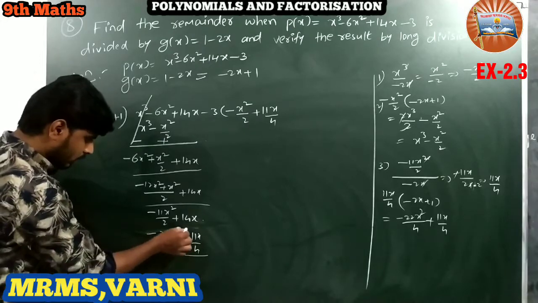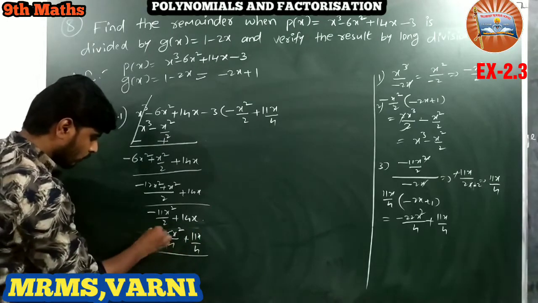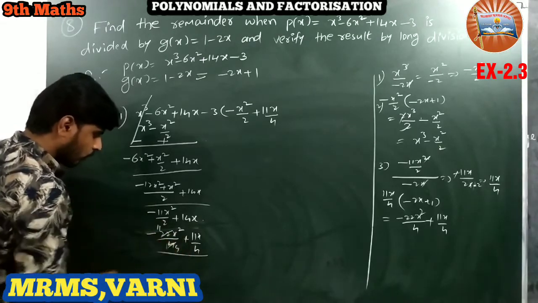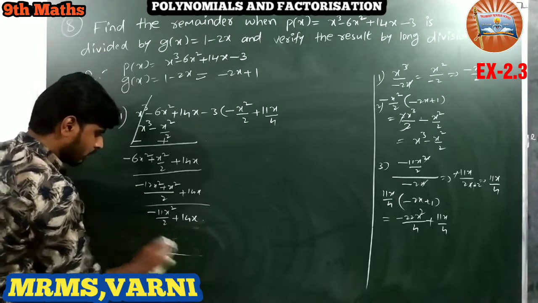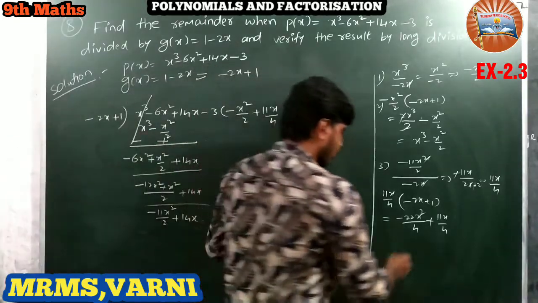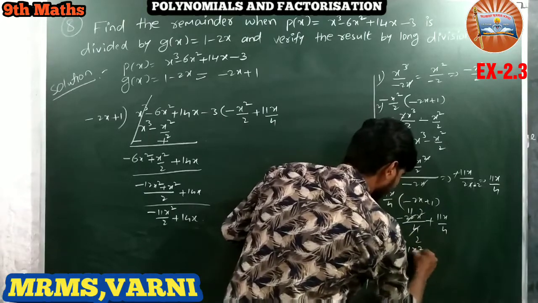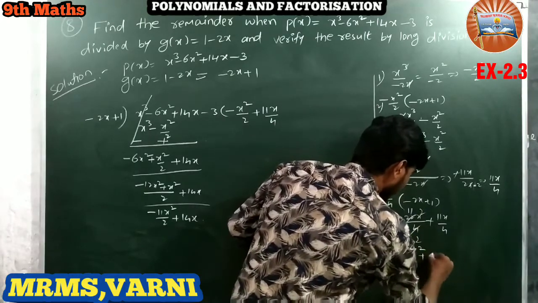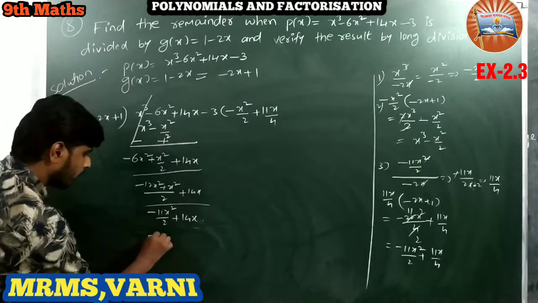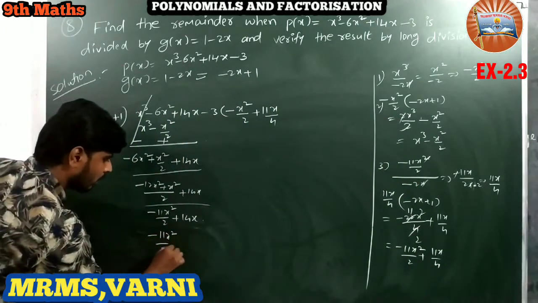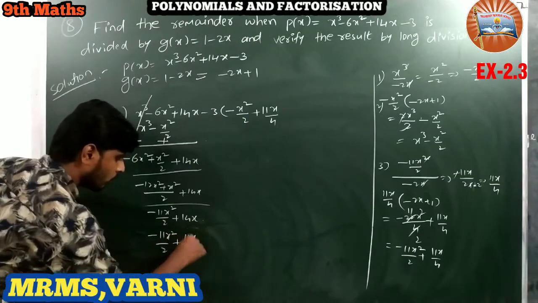I forgot to simplify here. So 2 11s are 22, 2 4s are 8. Okay. So simplify here only. 2 2s are 4, 2 11s are 22: minus 11x square by 2 plus 11x square by 4. So write down here minus 11x square by 2 plus 11x by 4.